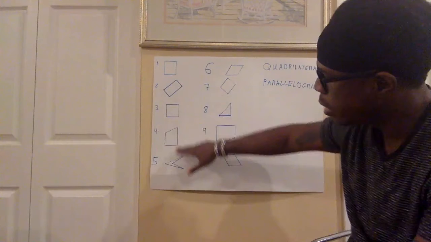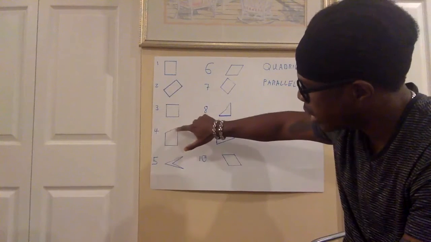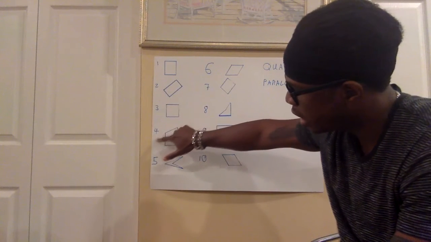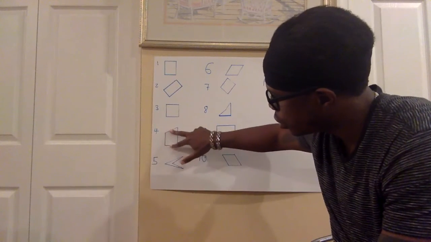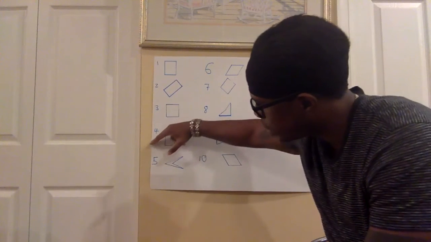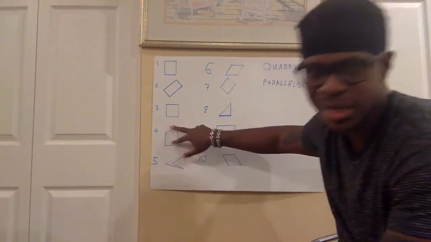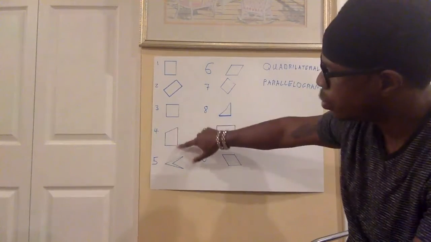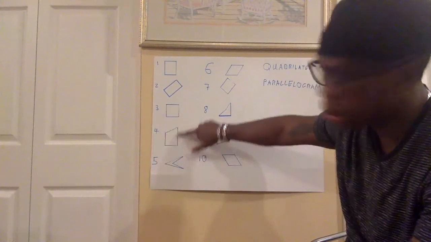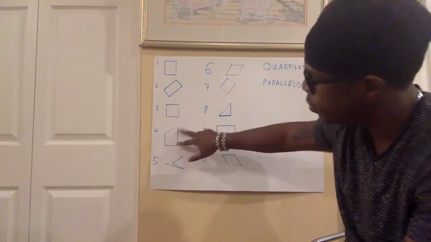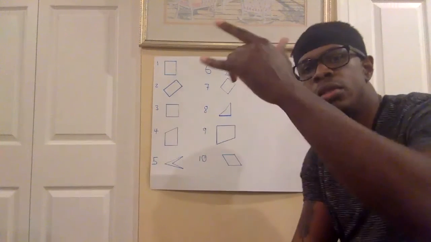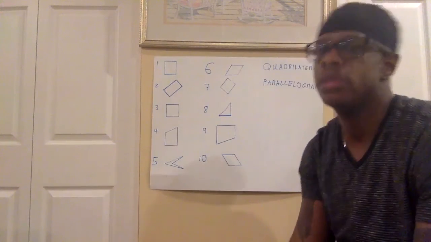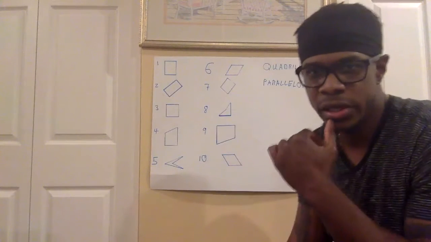But right here, if I keep going with this imaginary line, eventually it's going to touch this one. So this is slanted, it's going at an angle, so eventually it's going to touch this one. So that is not parallel. So it only has one pair of parallel lines. So number four should be, it has parallel lines, and it should be one pair of parallel lines.